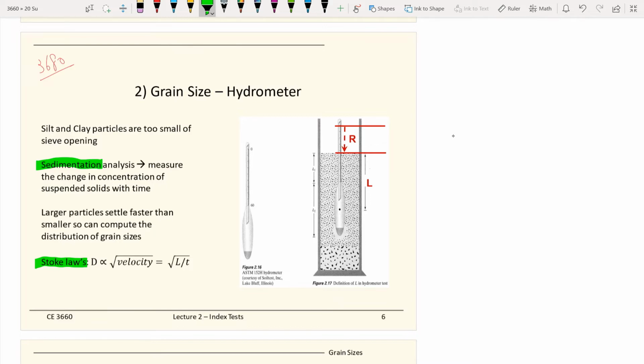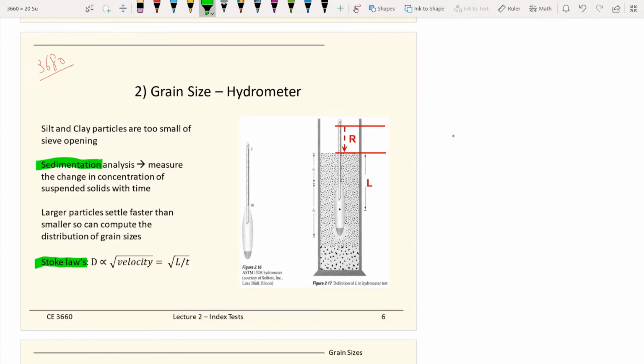But again, what we try to achieve here is to find the diameters of the particles, taking advantage of Stokes' law, because the square root of the velocity of a falling object is proportional to the diameter. We cannot measure the diameters, but we can measure the velocity, because velocity equals the distance traveled divided by time.